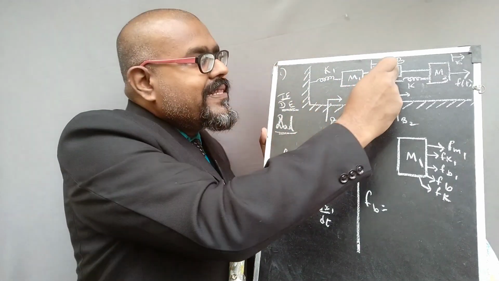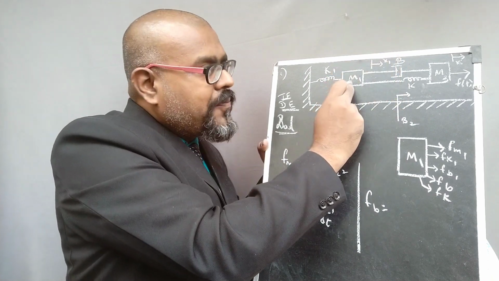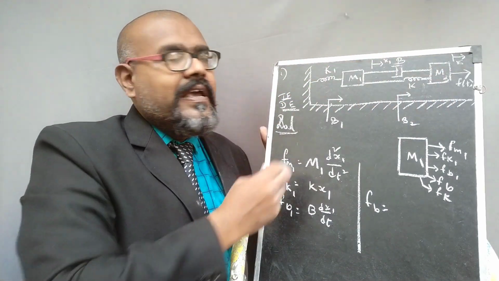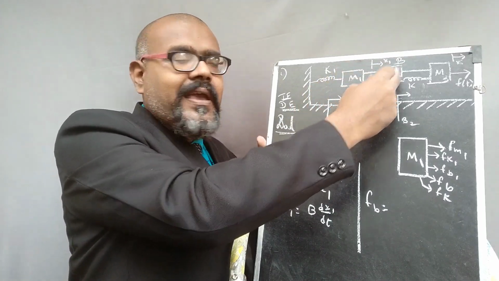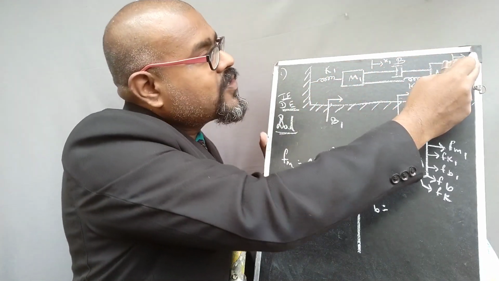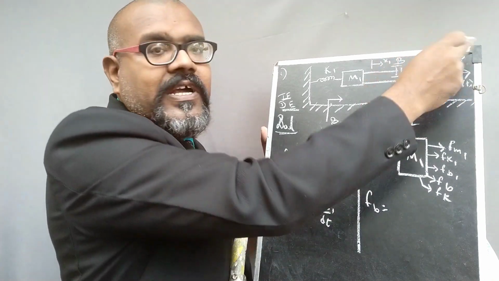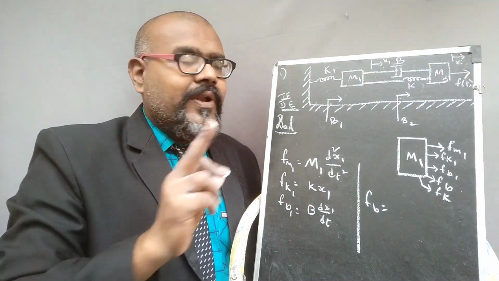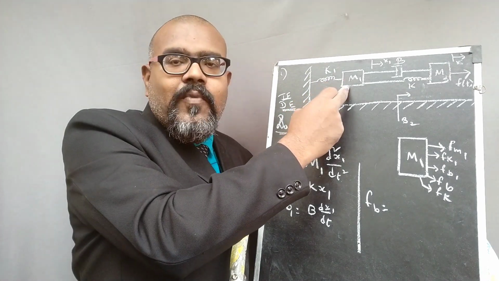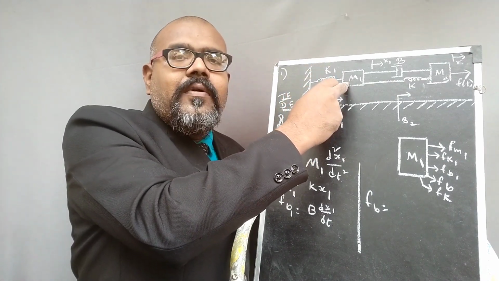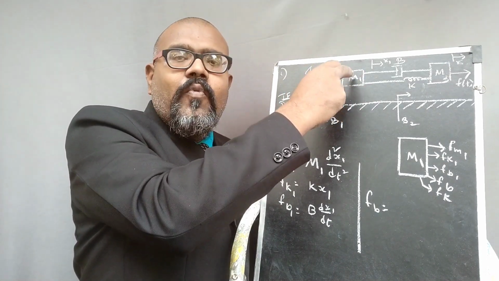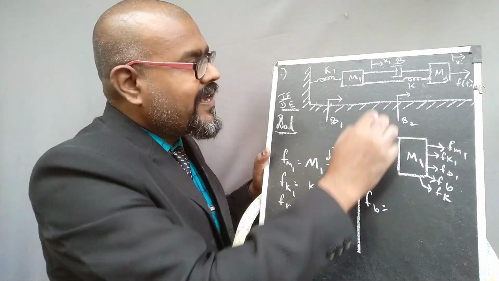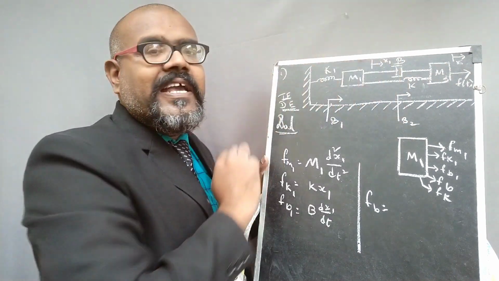But this B is attached to M1 and also M2, so it has displacement on both sides. X1 is a displacement of B, and x2 is also a displacement of B. We are not going to calculate only the opposing force of M1. For the opposing force on M1, we need to calculate only the relative displacement of B, so we subtract x from x1.